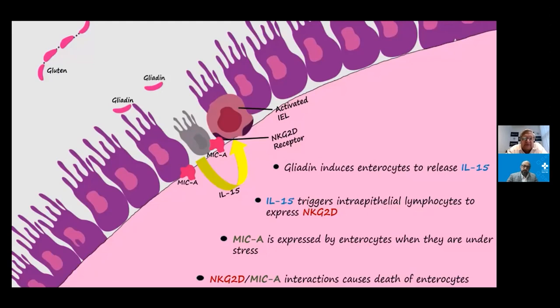The ligand for NKG2D receptors is MICA, which is expressed on the surface of enterocytes. MICA is expressed by enterocytes under conditions of stress. NKG2D MICA engagement will trigger IEL to kill enterocytes by releasing enzymes to bring about cell lysis.